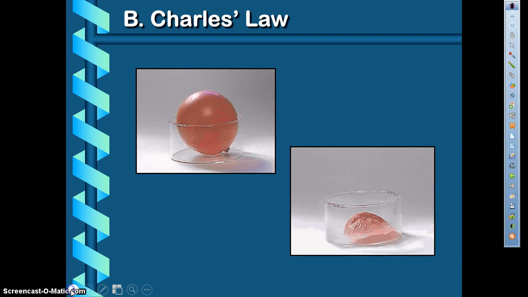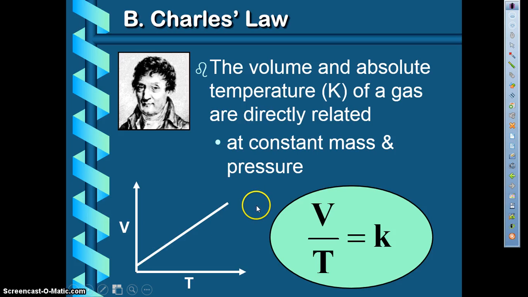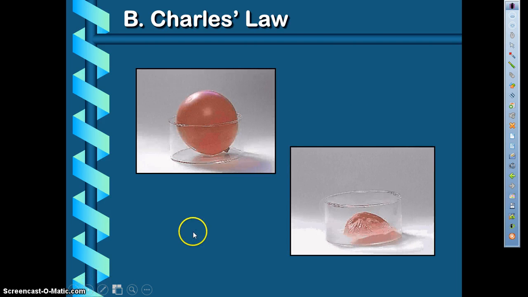So let's go back a slide. It says the volume and absolute temperature of a gas are directly related at constant mass and pressure. So we're keeping the amount of gas and the pressure constant in this example. So this is similar to some things you've already had previous experience with. Here we have a balloon and it has a pressure pushing down on it from the atmosphere, and it has a certain volume that it takes up at a particular temperature.